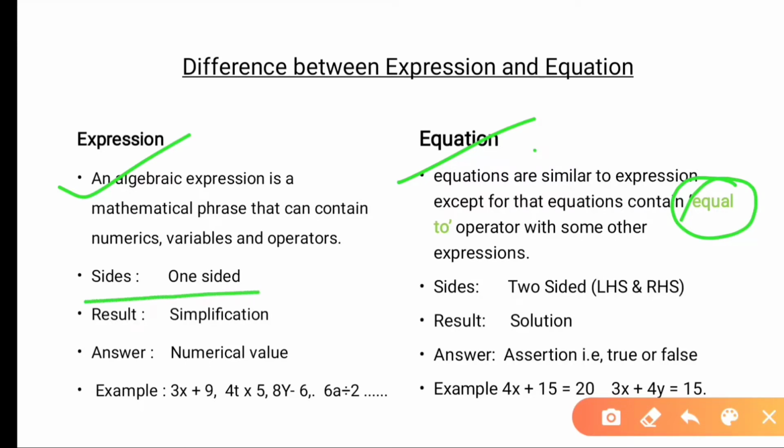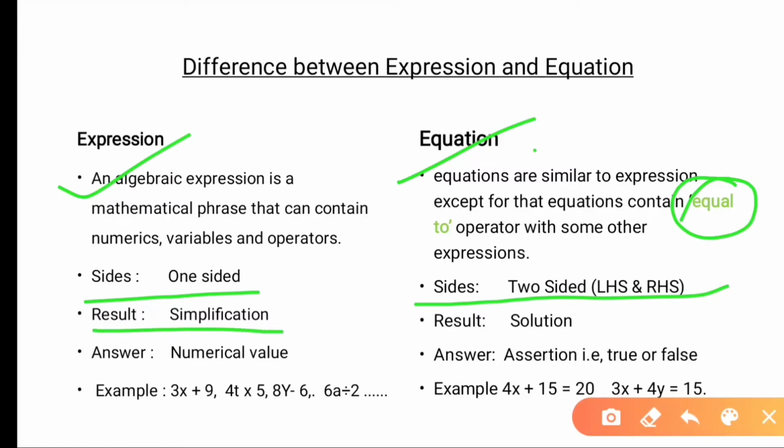An expression is always one-sided. There is no left hand side, no right hand side. Whereas in an equation, there are two sides, left hand side and right hand side, LHS and RHS. The result of an expression is simplification.